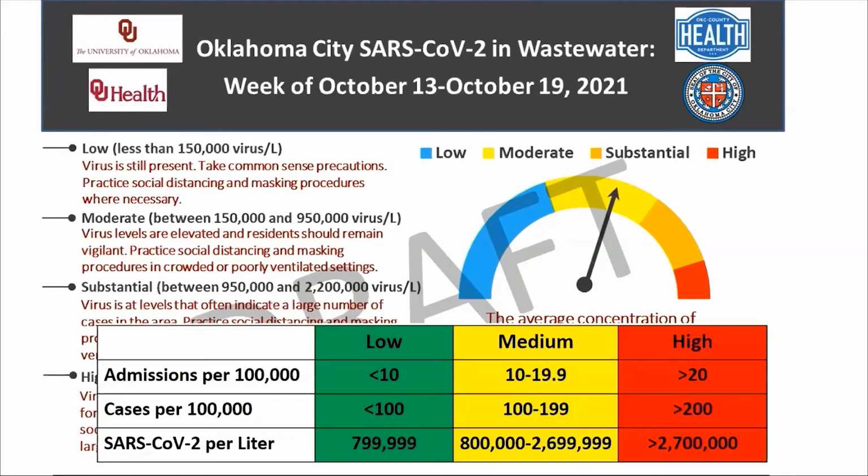Those have changed since then, a couple times, and this is where we're currently at right now. There are 3 levels: low, medium, and high, with breakpoints of 800,000 and 2.7 million between the low, medium, and high concentrations, and then we can use that as a data point and guidance for communicating with public health officials and the public. And you'll find this on our COVID-19 dashboard.